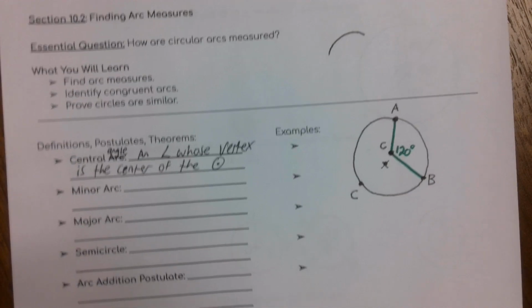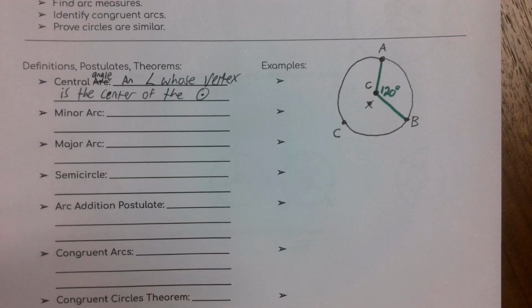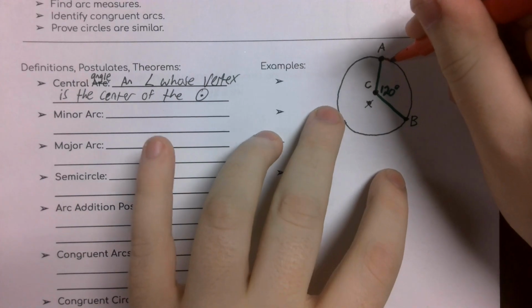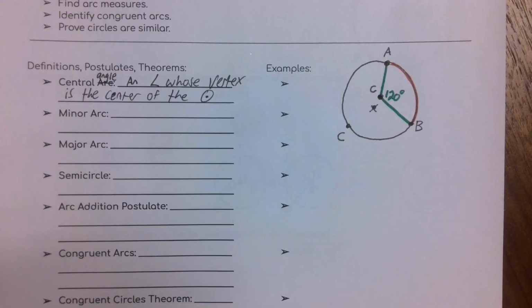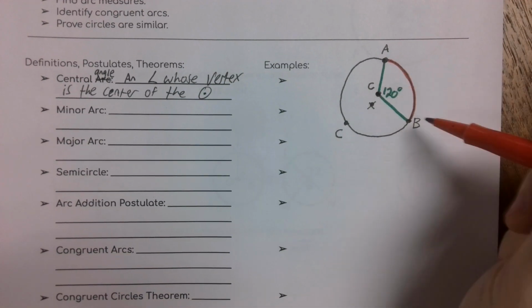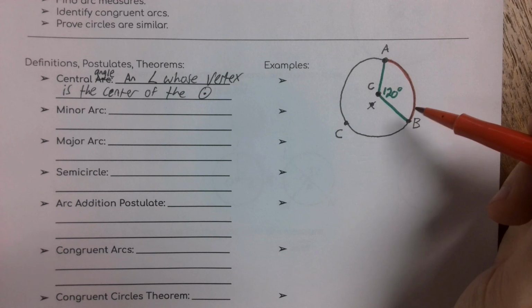Well, what we've done here by making this angle is we've actually created 2 different arcs. One arc is something we would call the minor arc. And it's called the minor arc because it is the one that is inside of this angle.